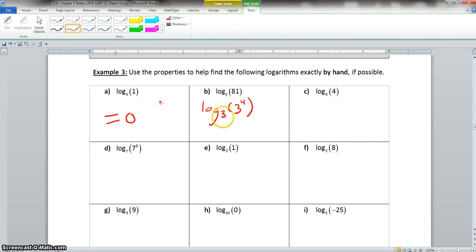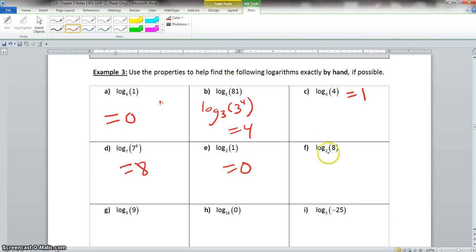So this is the same as log b of b to the n, which we know is equal to 4. Now log base 4 of 4, we know is equal to 1. Log base 7 of 7 to the 8th, we know is 8, because this is the same rule that we just talked about with b. Log base 2 of 1 is basically the same as a, which gives us 0.